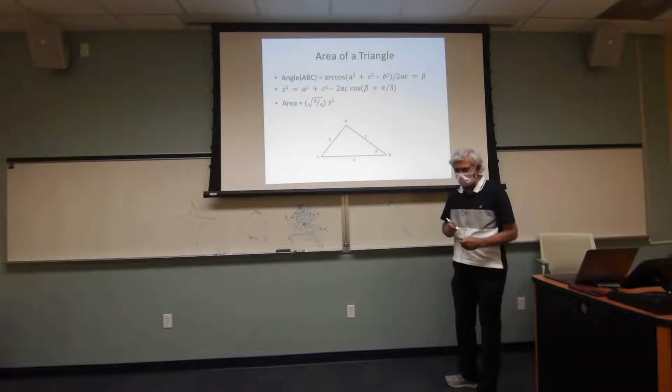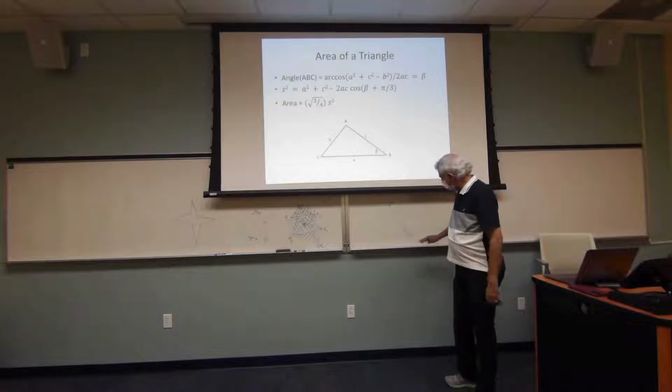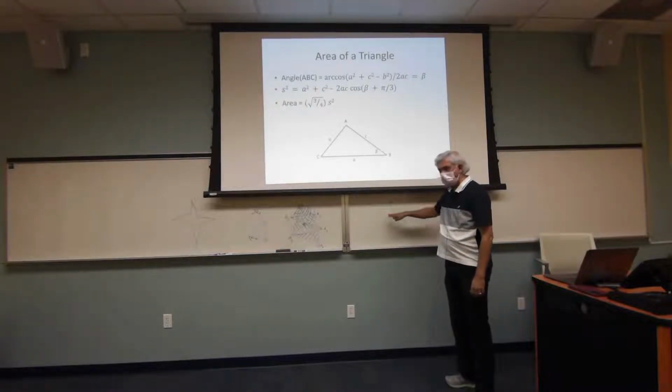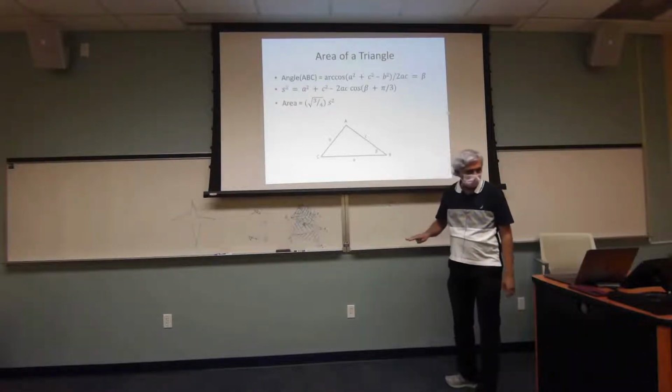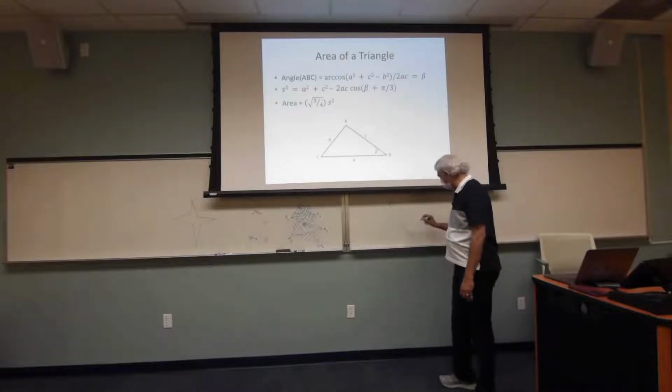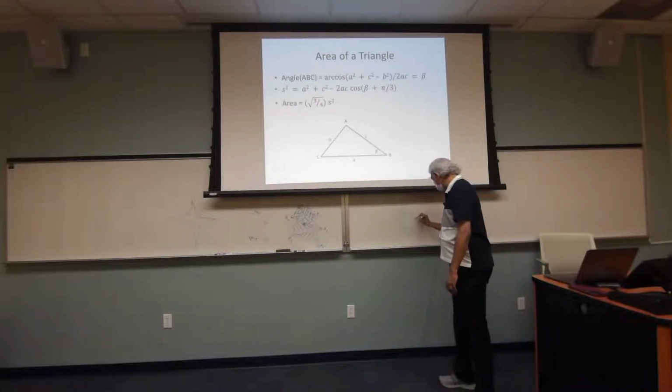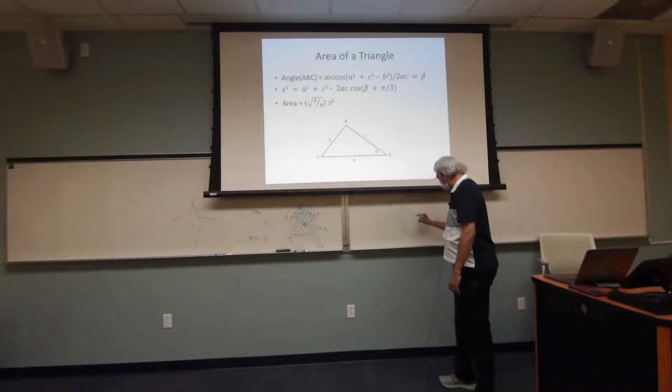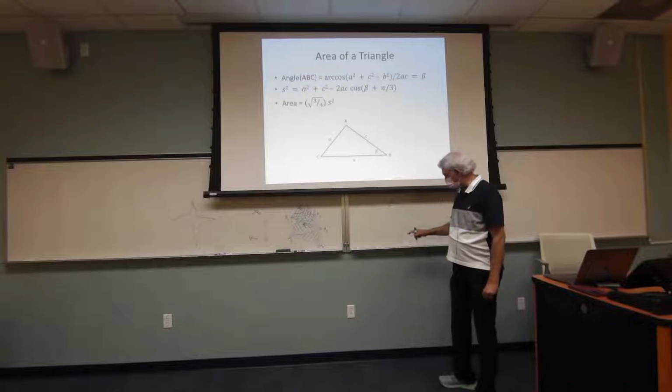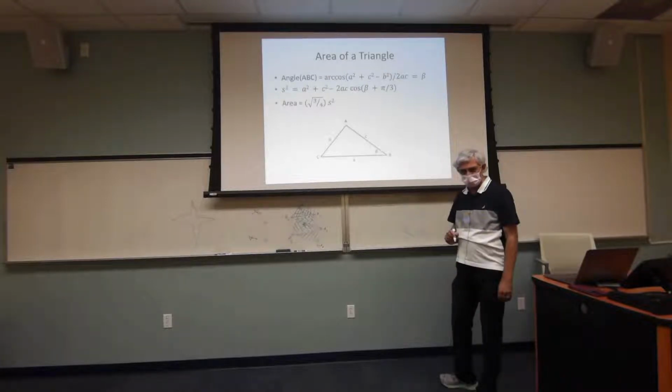It's the difference in the y coordinates of A1 and A4, right? So let's say this point is x1, y1, and this point is x4, y4. If you take the absolute value of y1 minus y4, that's this length.